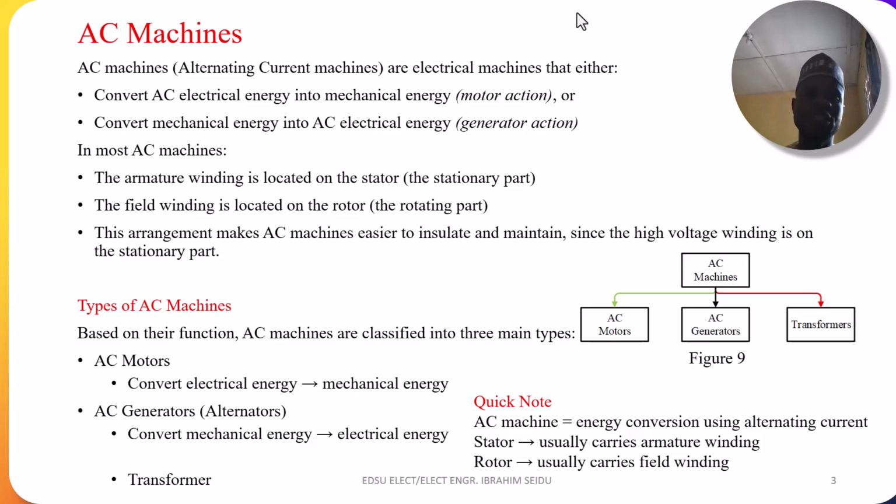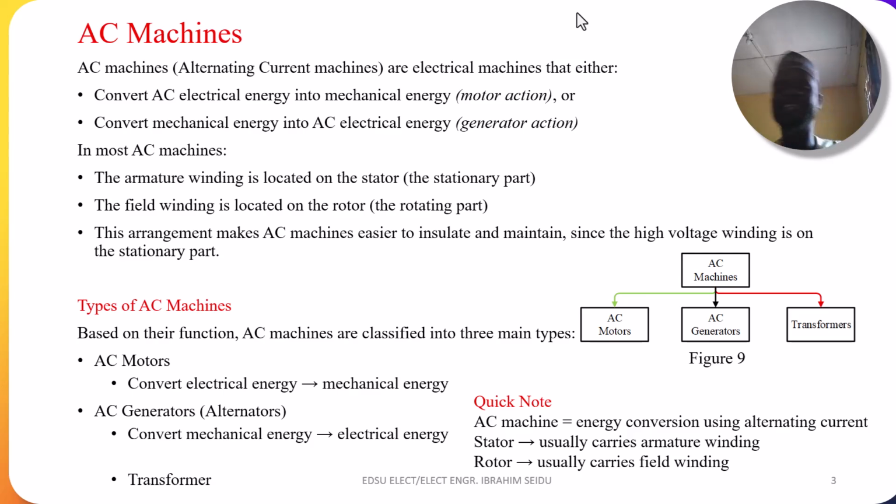Now, an AC machine, normally we know AC to be alternating current, right? And we already know a machine to be a two-way thing, a machine that either converts electrical energy into mechanical energy or mechanical energy into electrical energy. So AC machines are electrical machines that either convert AC electrical energy into mechanical energy, or convert mechanical energy into AC electrical energy.